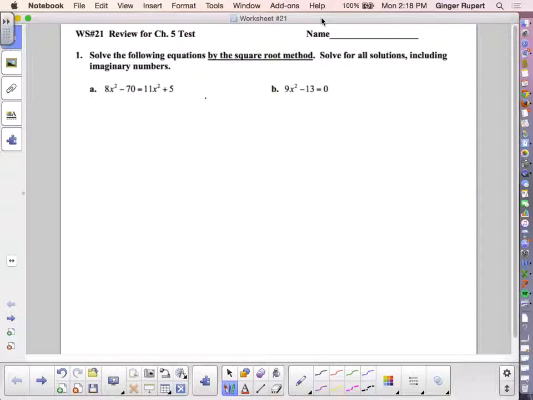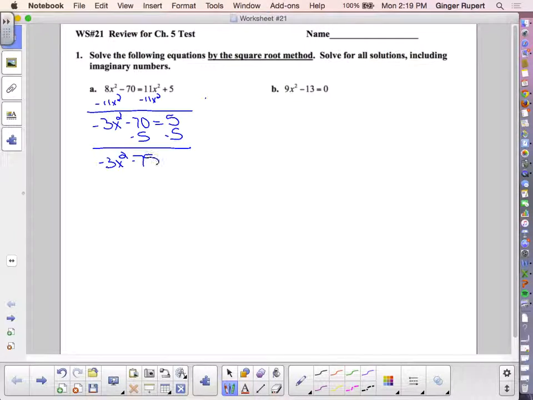When I subtract the 11x squared from both sides, I'm going to have negative 3x squared minus 70 equals 5. And if you want, you can subtract the 5. I just want to show you the format you will see these in.